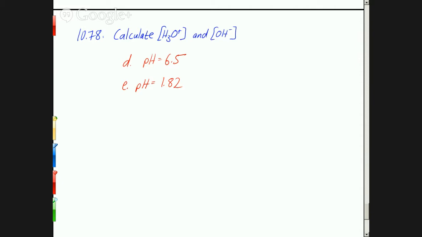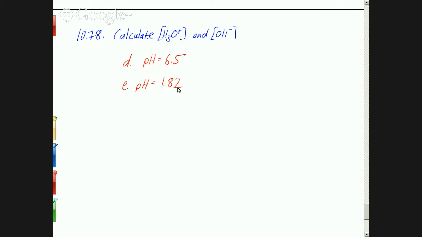So if you're given the pH, how do you find the hydrogen ion concentration? Well, it's the reverse of finding the log. The reverse of finding a log is raising to a power of 10.